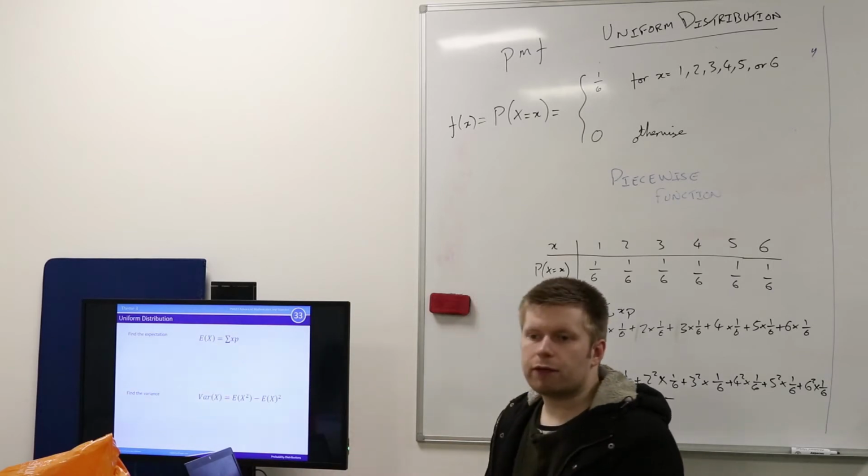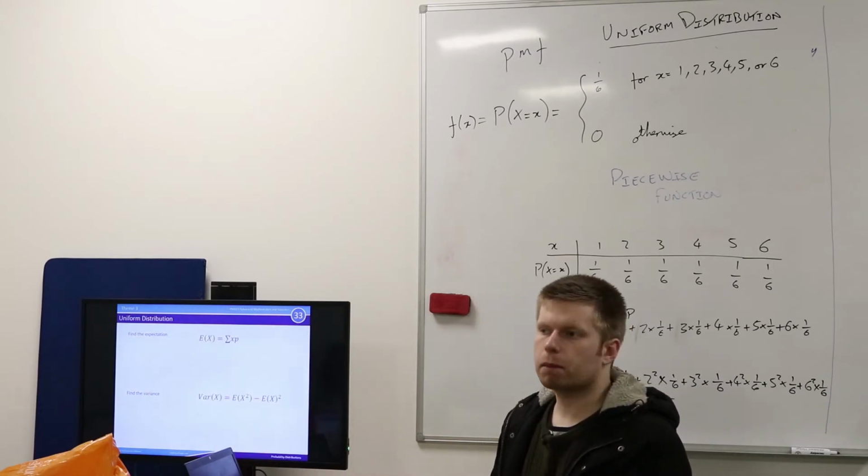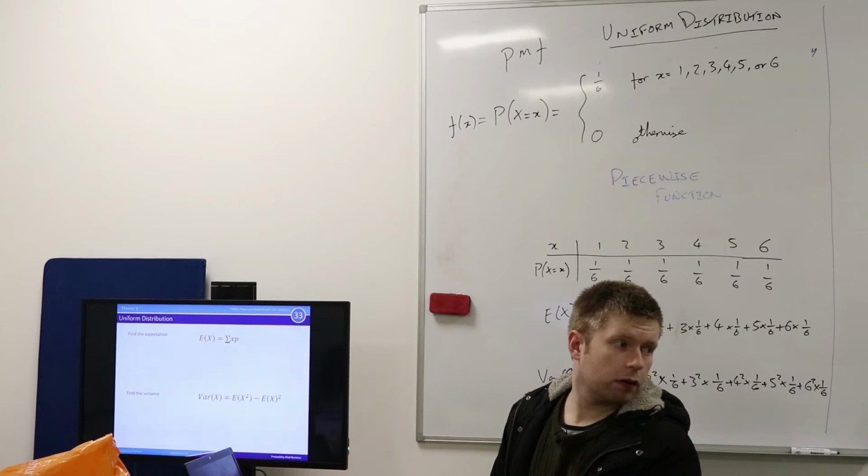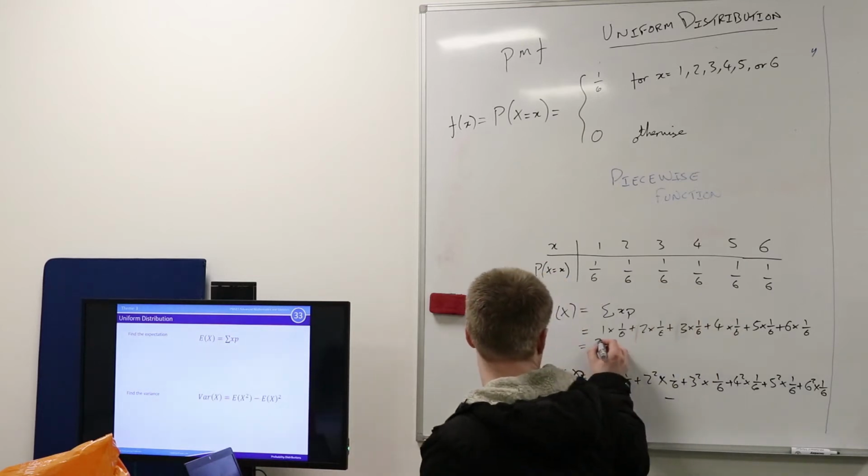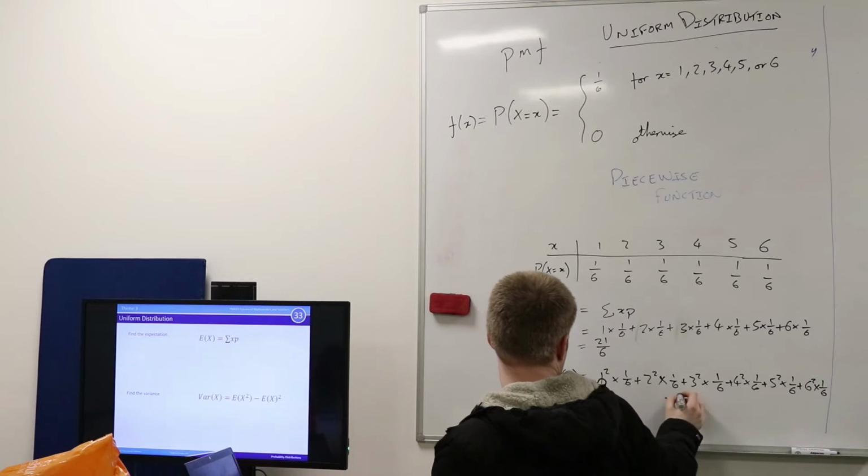So what value did we get for E of X? 21 over 6. Okay.